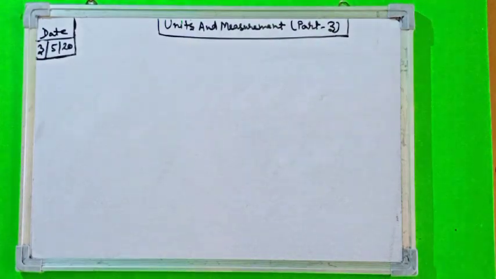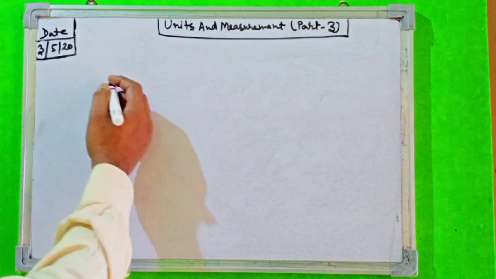Now, today, what are the various points needed for expressing the physical quantities? What things do we have to keep in mind while expressing the physical quantities? So the first point, write it down.